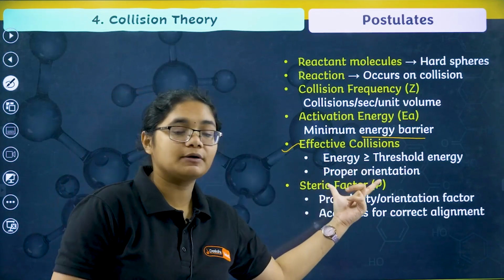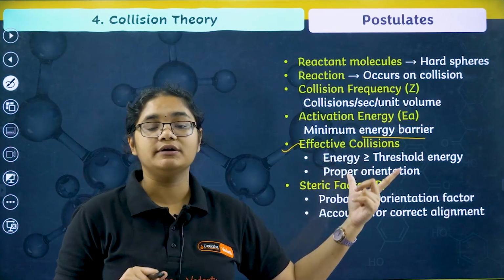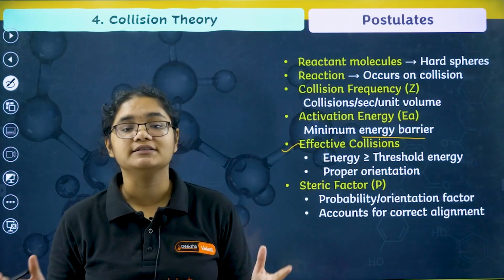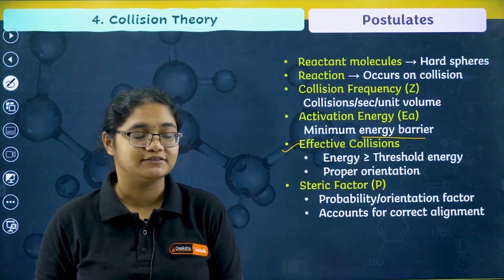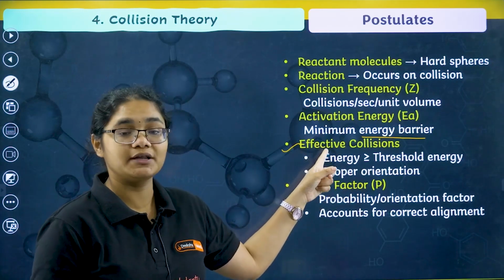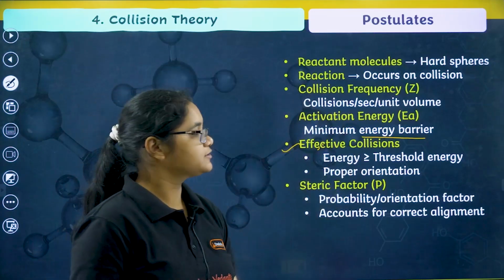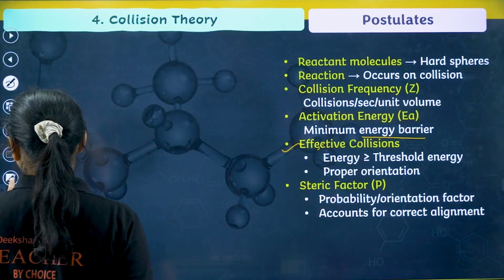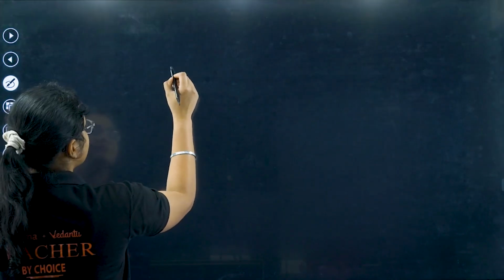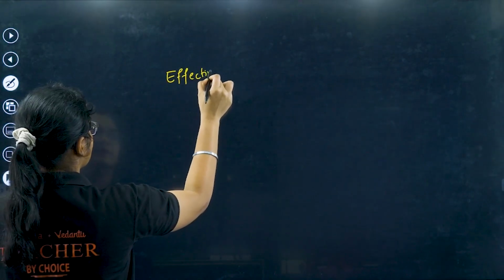If there is no proper orientation, the reaction will not take place, and if the energy of the collision is not more than the threshold energy, the reaction will not take place either. Both conditions have to be satisfied for an effective collision, and when there is an effective collision, there is a reaction. I can draw this flow chart: effective collisions give you reactions.